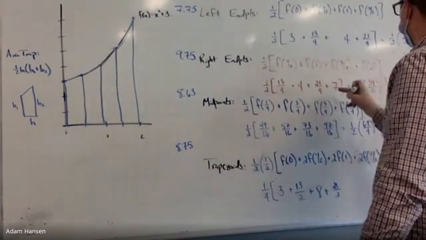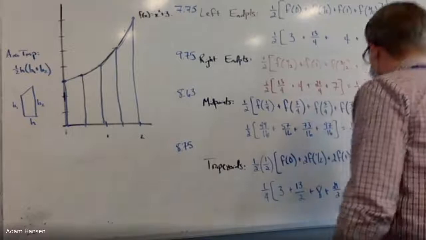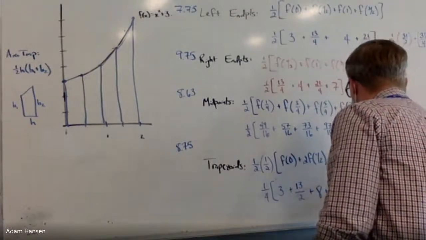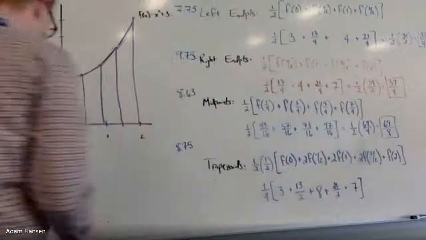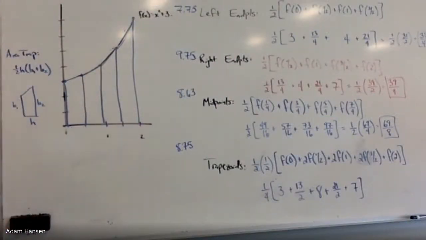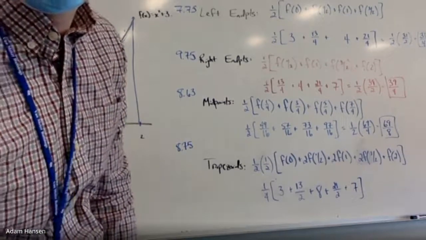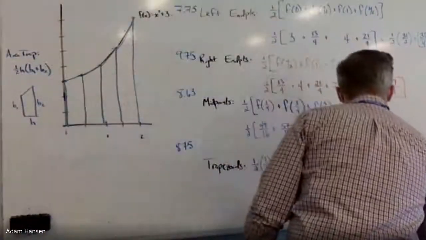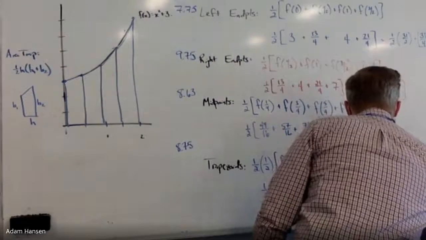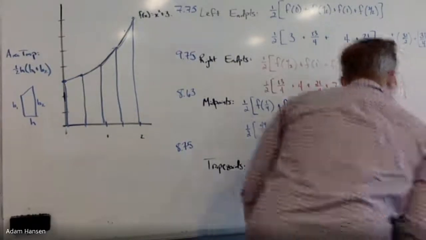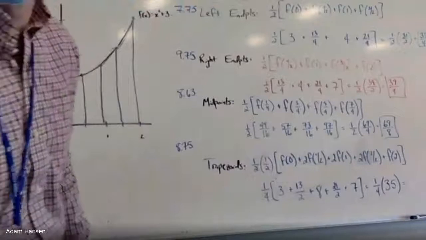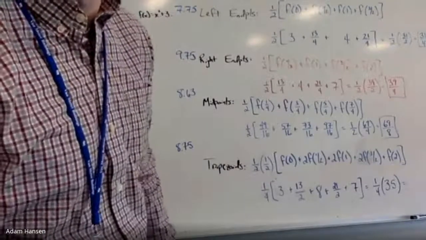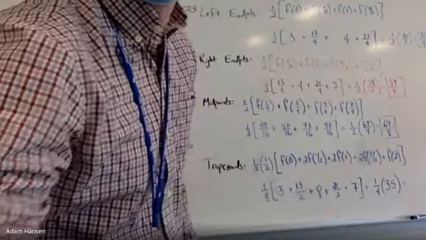F of 2 is 7. So the total is 35. A quarter of 35 is 8.75, or 35/4.